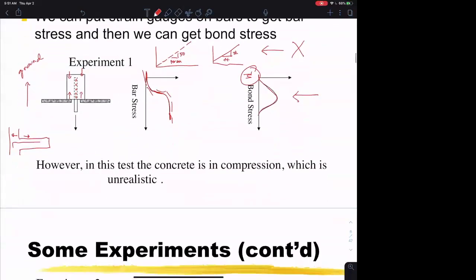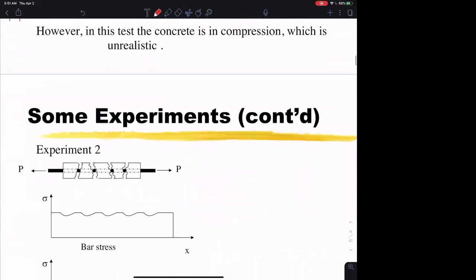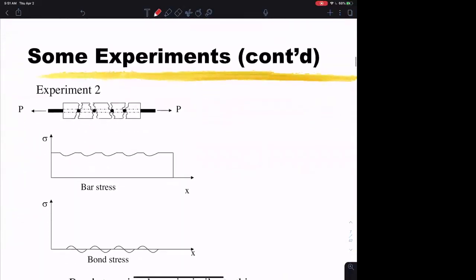So we need some kind of experiment where the concrete's in tension. And coincidentally, a buddy of mine from Hawaii who went to University of Washington before I did, this was his master's thesis. So he did this actually. And we all made fun of him that he was testing concrete ropes. But he made these long things of concrete embedded with a bar, and he'd pull it, and this is what would happen.